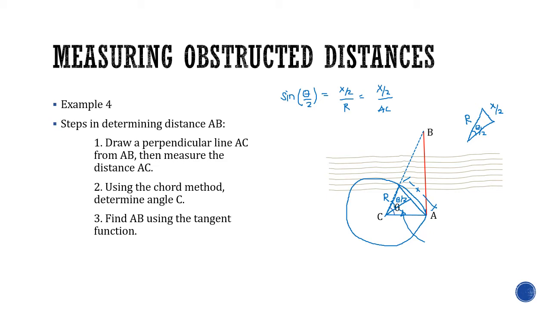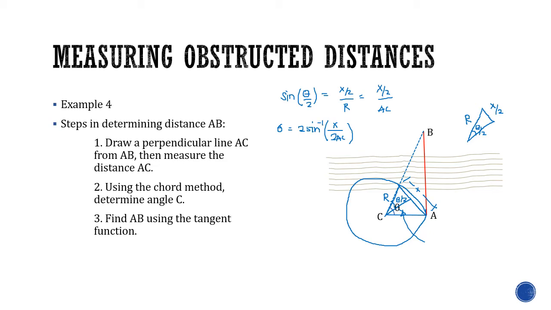By using your calculator, you can get theta equal to 2 arc sine of x over 2 AC. Minanipulate ko lang, no? Arc sine yun, sorry. Ulitin ko lang, arc sine.